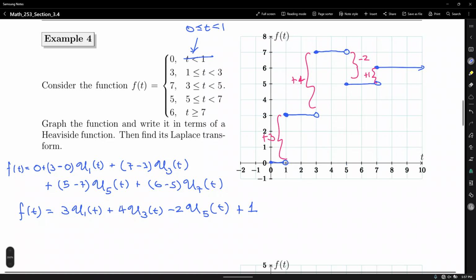Maybe I don't need to write that 1, but I'm going to write it for a big reason. u of 7 of t.